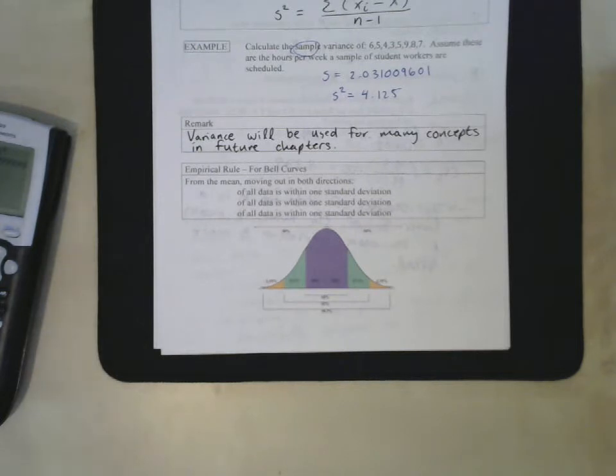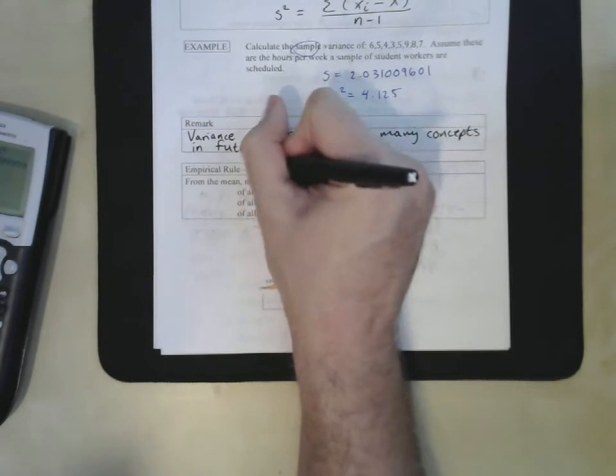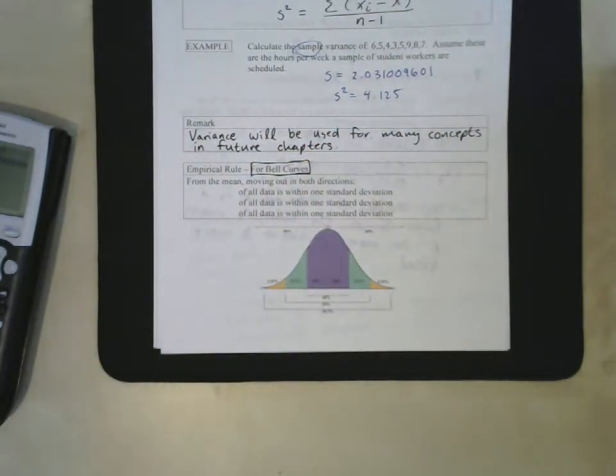Excuse me. So for the last couple things, the empirical rule, this is specifically for bell curves. When we talked about bell curves, they are symmetric distributions. So the empirical rule means moving out in both directions from the mean.